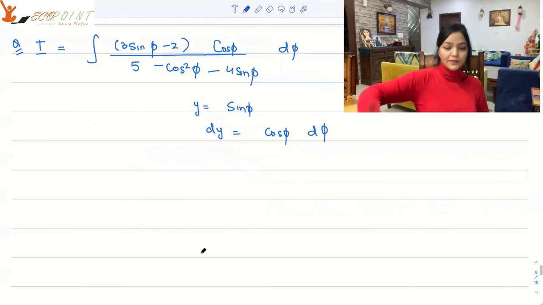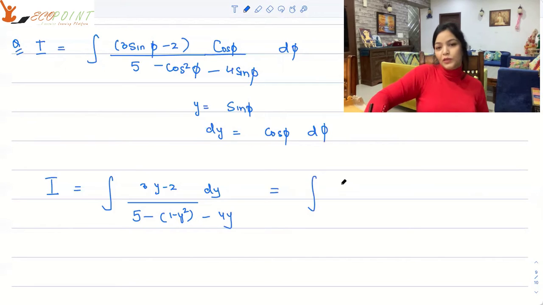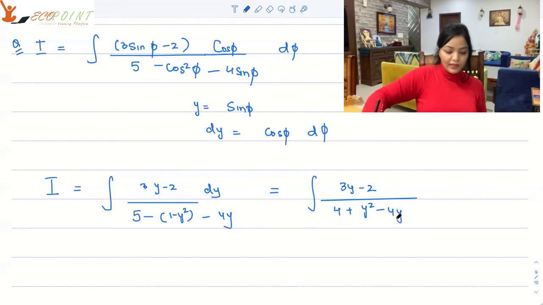So your integral I would turn into (3y minus 2) upon, because cos phi d phi is dy, just dy here, upon 5 minus (1 minus y square) minus 4y. In other words, it will become (3y minus 2) upon (4 plus y square minus 4y).